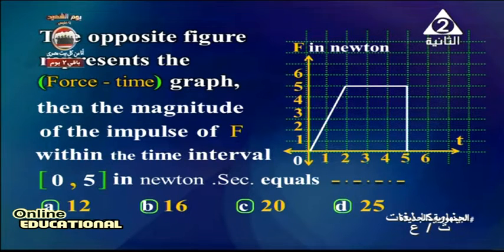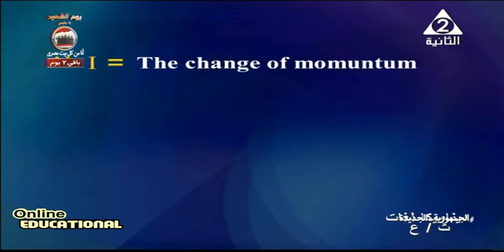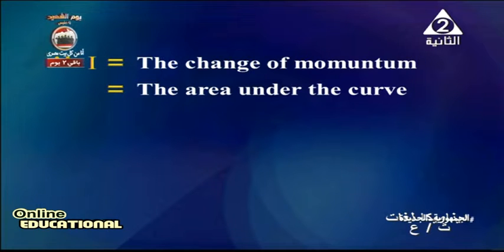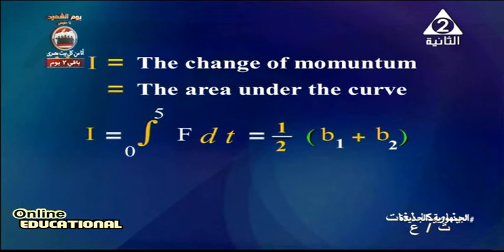Now we know that the impulse I equals the change of momentum. The change of momentum equals the area under the curve from t equals 0 till t equals 5. Then I equals the integration of F dt from 0 to 5, which equals the area of the trapezium.